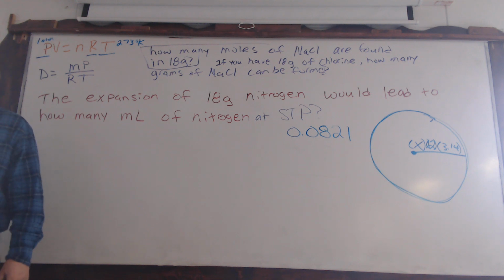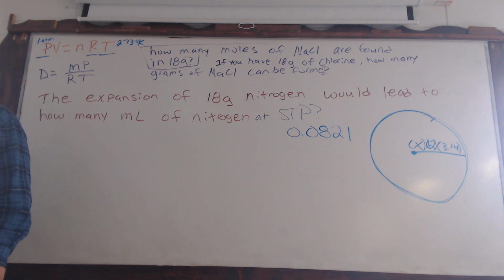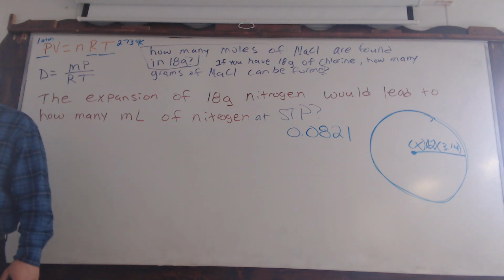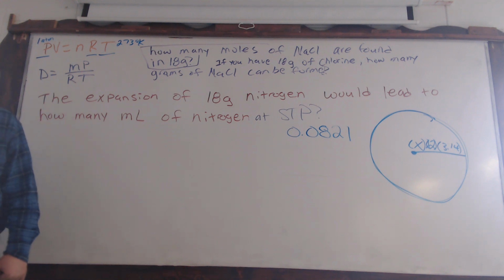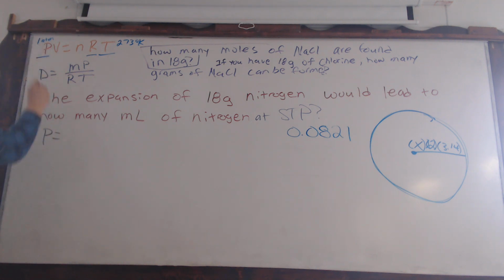Some of you are smart enough that you might not have to do that. That's fine, but be prepared to face the consequences should you choose not to. It's a choice. So what is the pressure? We said that. It's 1 atmosphere. What is the R value?